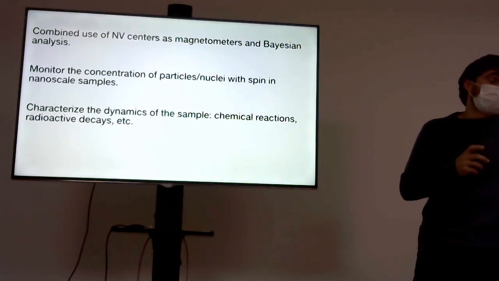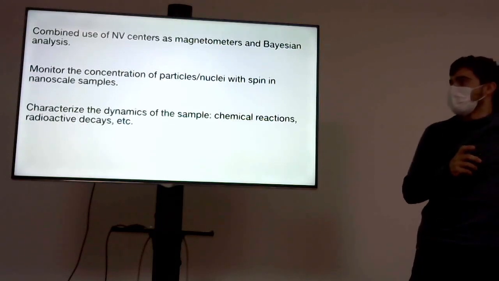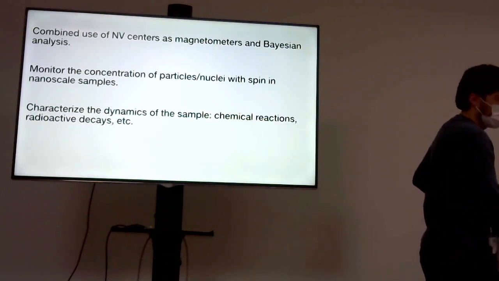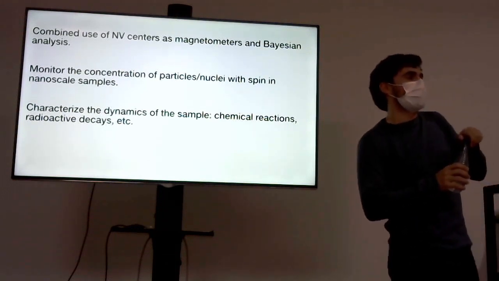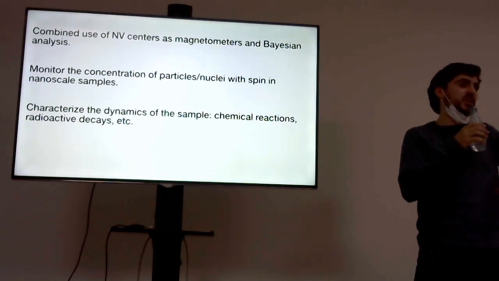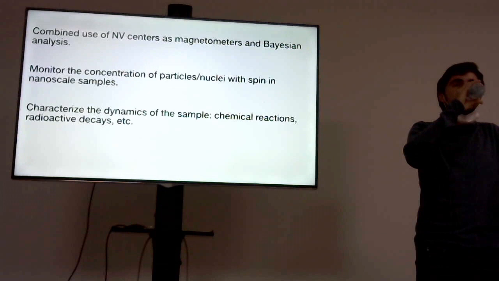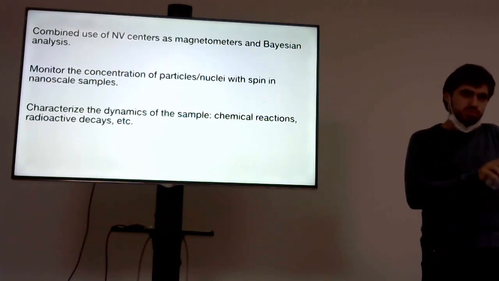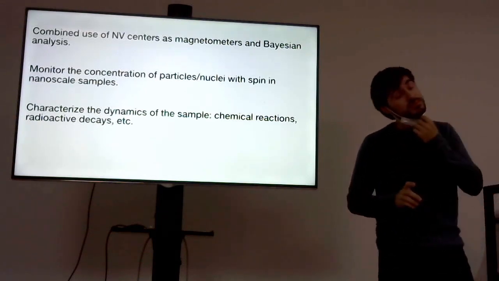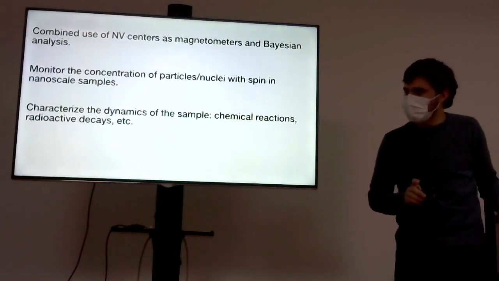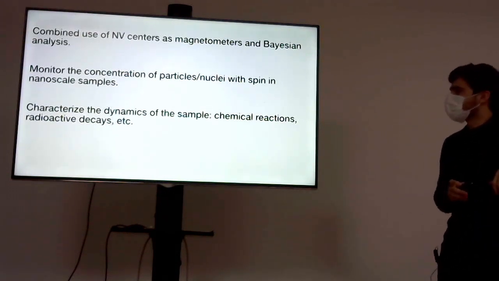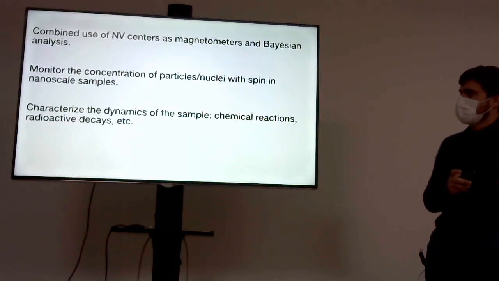The application is strong there, right? Yeah. Essentially, people would love to characterize chemical reactions with samples involving a very reduced amount of nuclei, because things are cleaner in a nanoscale sample. What people are looking for is to characterize the mechanism of reaction, and that cannot be done at all in macroscopic samples because it's too complicated.